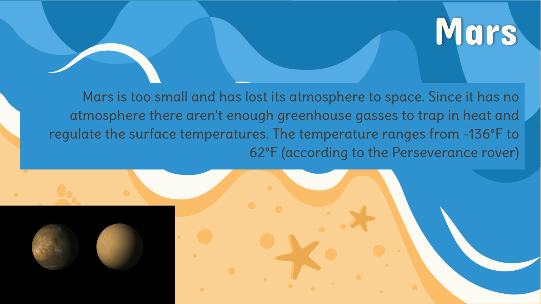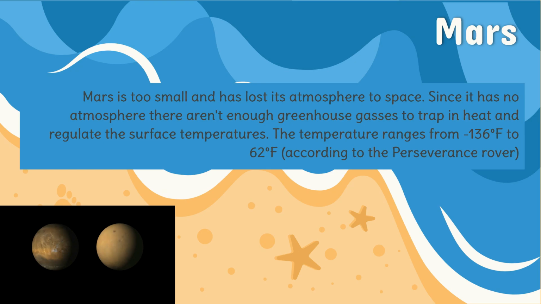It's too small. It's not massive enough, and it has therefore lost its atmosphere to space. It hasn't been able to maintain its atmosphere. Since it has no atmosphere, there aren't enough greenhouse gases to trap any of the heat and regulate the surface temperatures, which means that when the sun is shining, it gets really hot, and when the sun is not shining, the side that's away from the sun gets a lot colder.